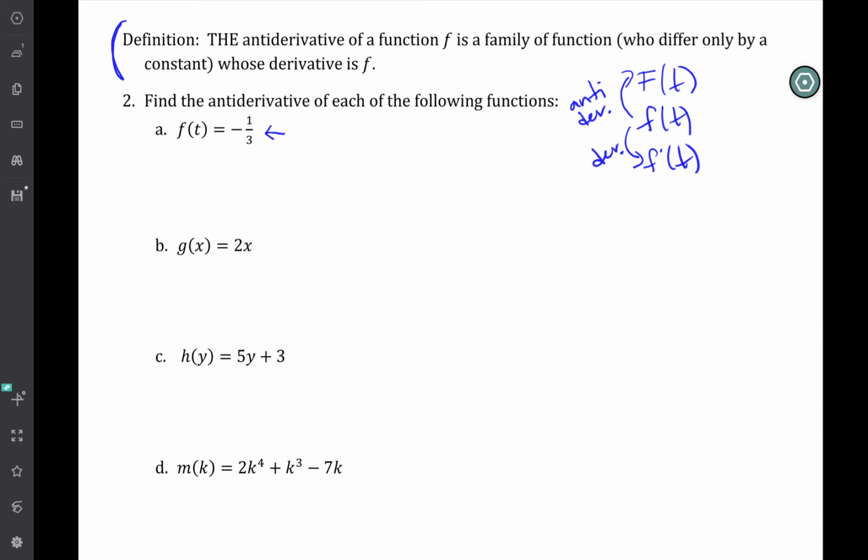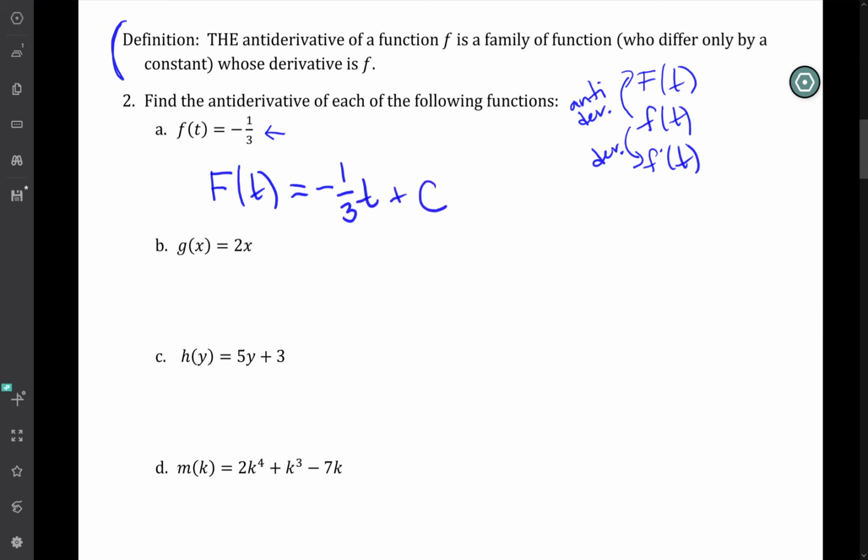Okay, so if I have a constant function, and I'm thinking that is the derivative function, that means I have a constant slope. So I'm looking for a linear function with a constant slope of negative 1/3. So in this case, I'm going to get something like this.